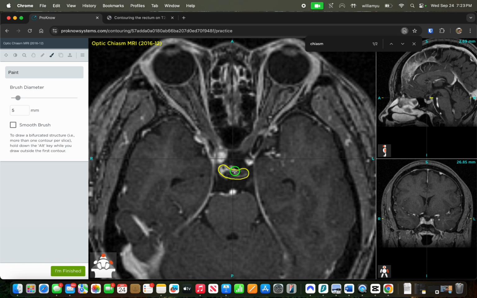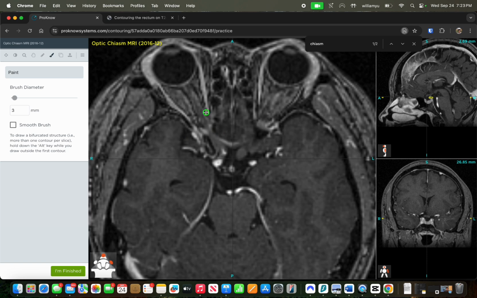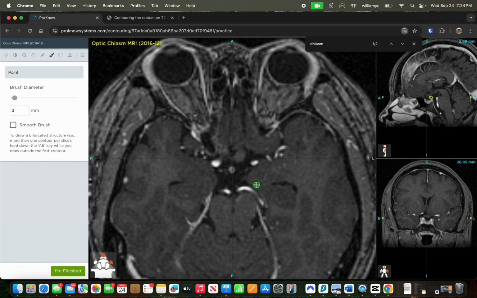So this is probably it. Then we're going to go one slice higher, and it's still only the anterior portion of the optic chiasm. One slice higher, the optic canal has disappeared. We're going to start seeing more posterior portions of the chiasm.